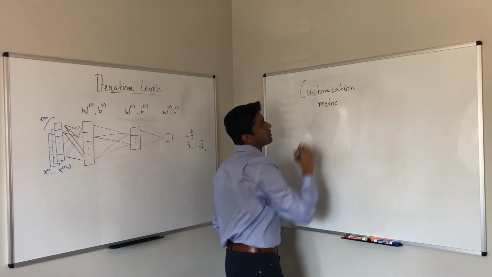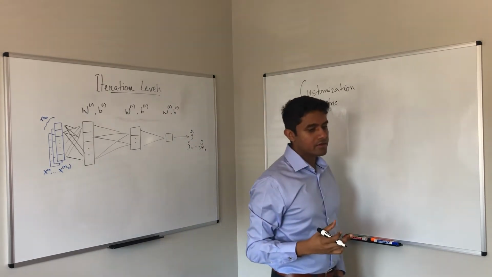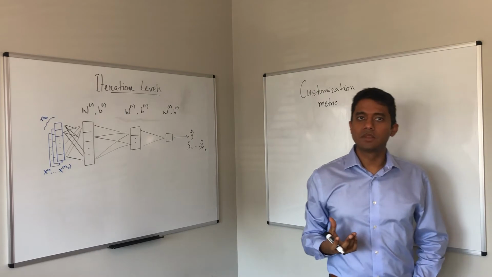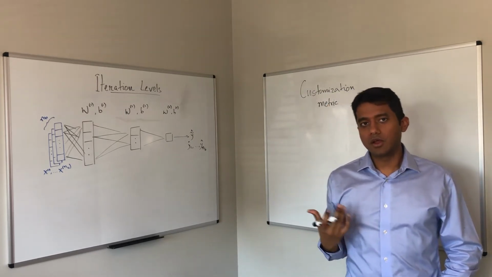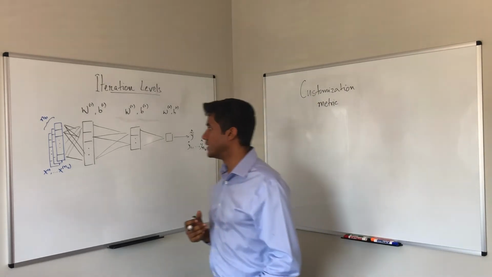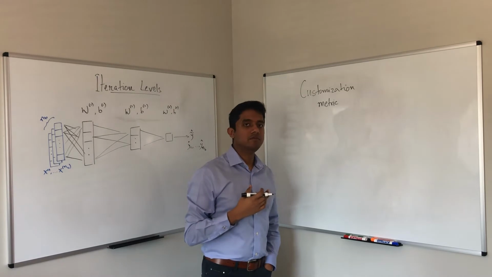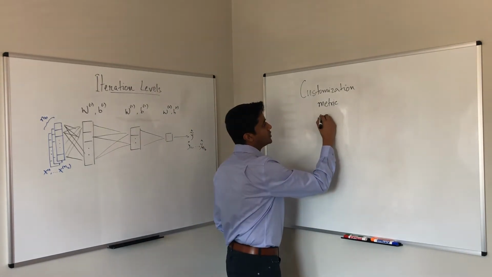The default metrics present with TensorFlow are not applicable to the problem we are solving. We are going to define some new metrics, and I'll come to that shortly. And further down the line, we will also define one of our own custom activations.